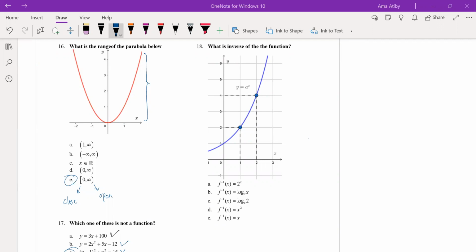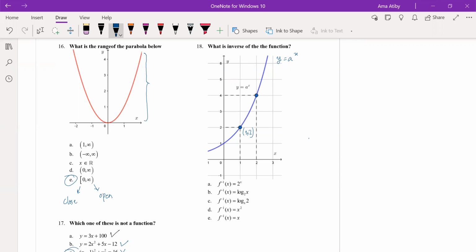This is about the graph of y equals a to the power of x. This is an exponential graph, and therefore we need to find how much a is. It is easy. You just need to substitute one of the points here. Let's say this point is (1, 2).